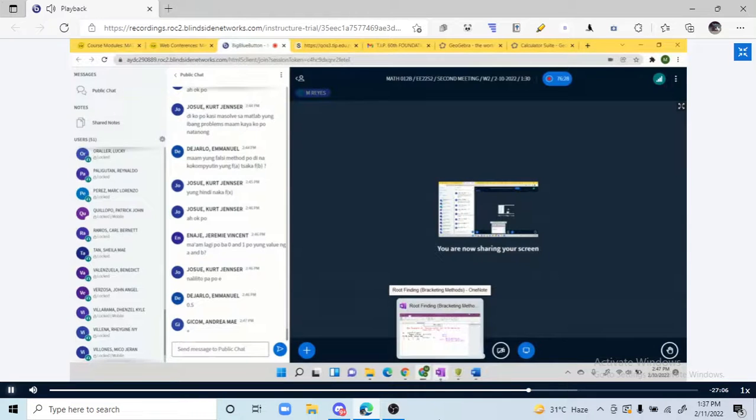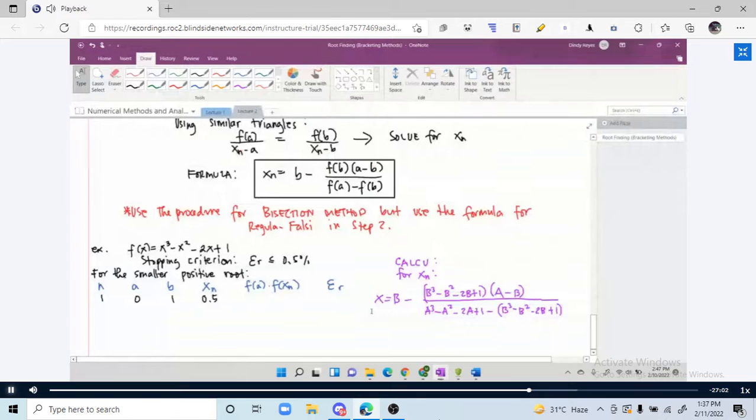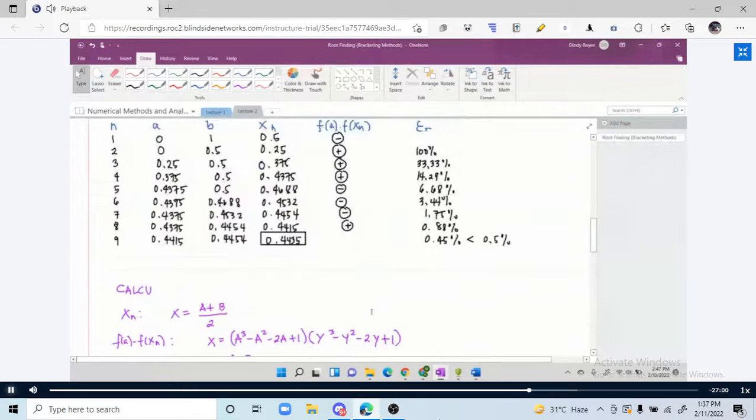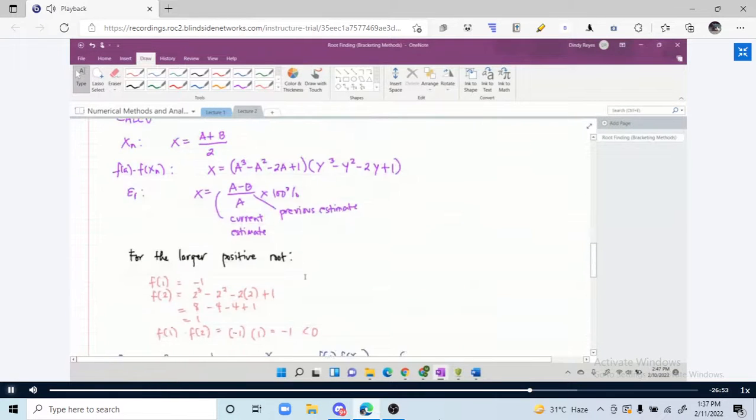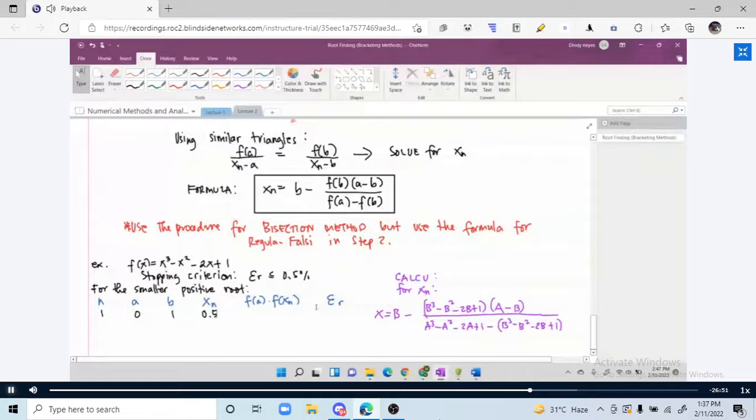Sure. Alam mo na yung sagot, di ba? Ang sagot is somewhere here. Di ba? Malapit sa 0.44. So, pagka positive ito, change natin A, di ba? 0.5 ito, 1 ito.